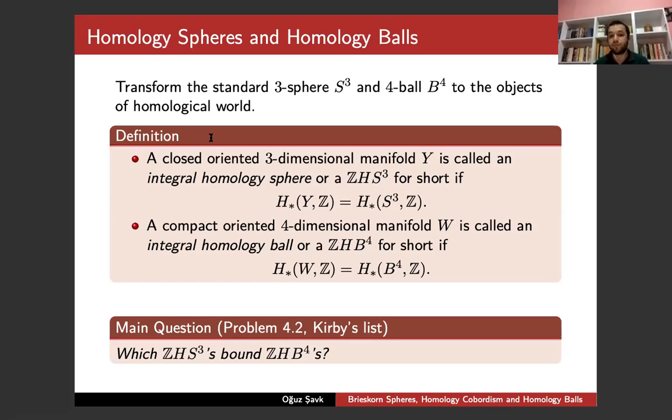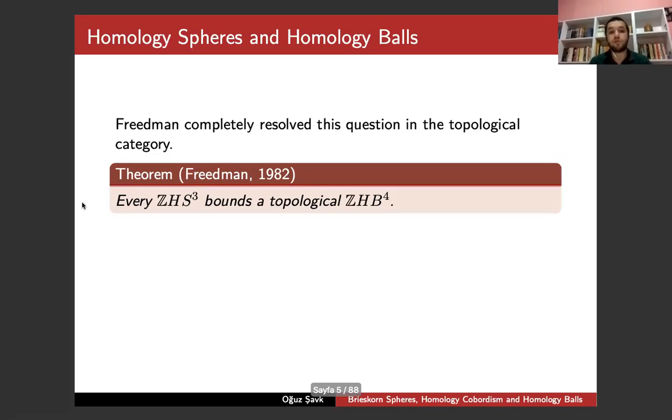Actually, it is a very important problem in low-dimensional topology, and it appears in the famous problem list of Kirby. First of all, Freedman completely answered this question in the topological category, and he proved that every integral homology sphere bounds a topological integral homology ball.